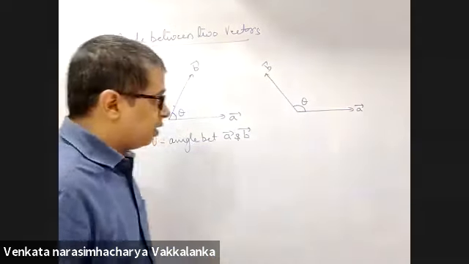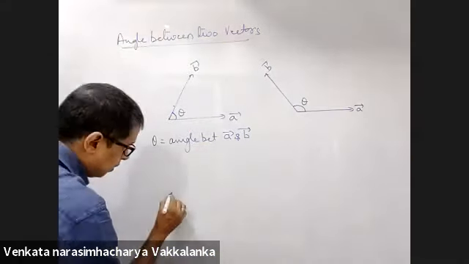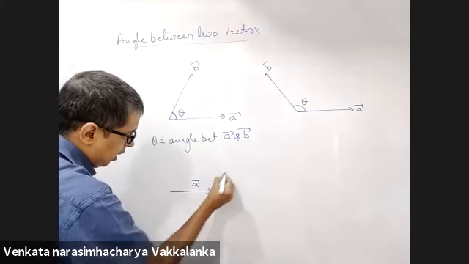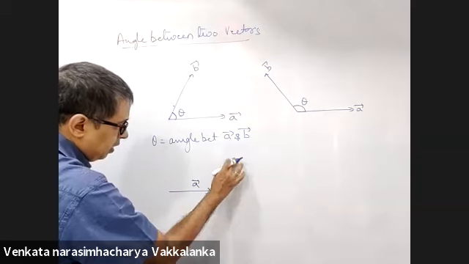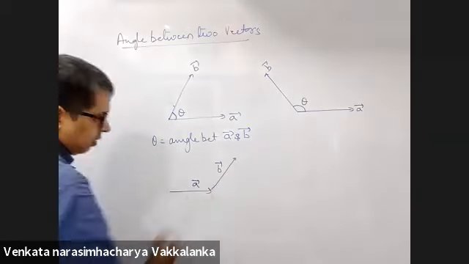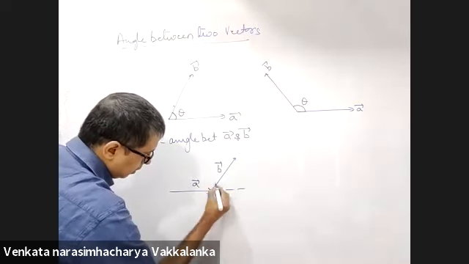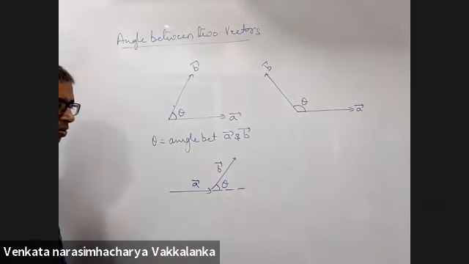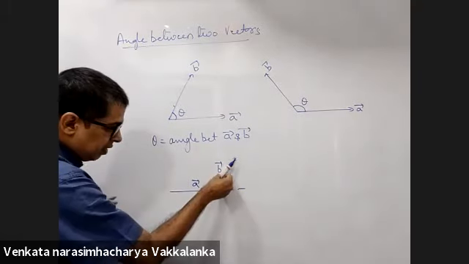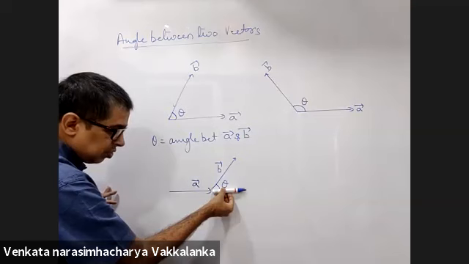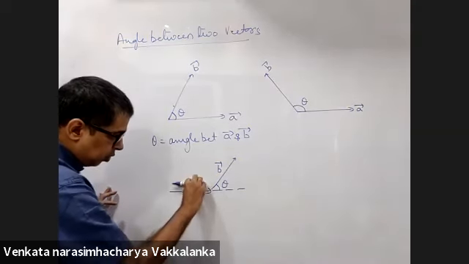Smallest angle by which B is rotated so that it is parallel to A is the angle between the two vectors. For instance, if I have a vector A like this and vector B like this, theta is the angle between the two vectors. I rotate B by this angle. Now somebody may ask, why don't you rotate it this way?